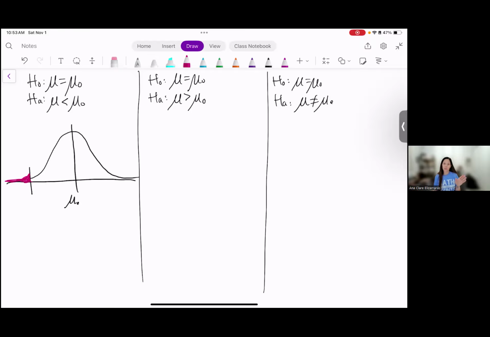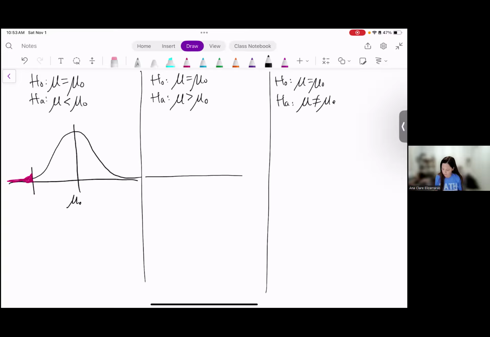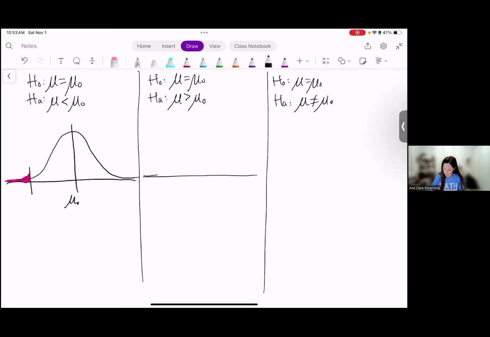So our rejection region only occurs to the left. In a test where you're talking about being greater than, you have your hypothesized value, but then you are calculating the probability greater than, because that's the only thing I care about, is how likely it was to be greater than that value.